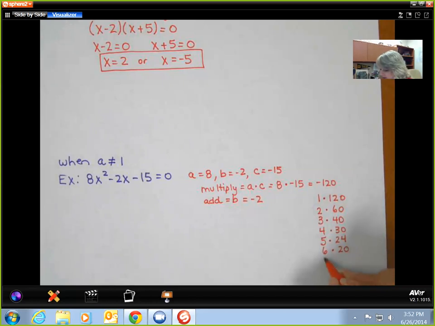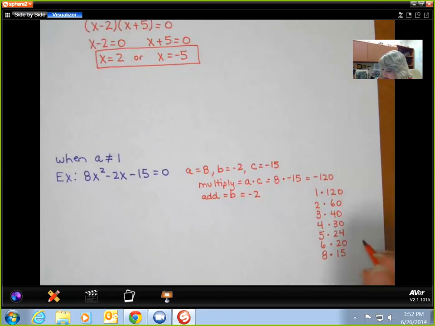Let's see, 8 goes into 120 15 times. 8 and negative 15 is not negative 2. 10 goes into 120 12 times. And again, if the bigger one is negative, 10 and negative 12 does make negative 2. This is going to be our pair, where the 12 is negative.